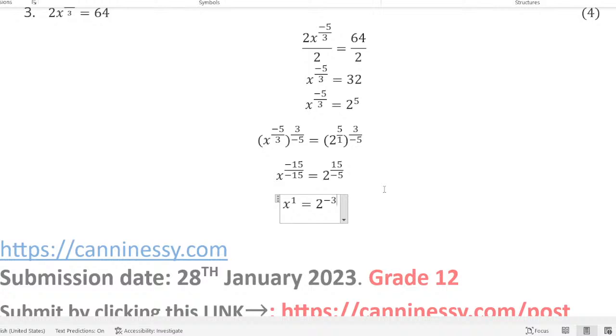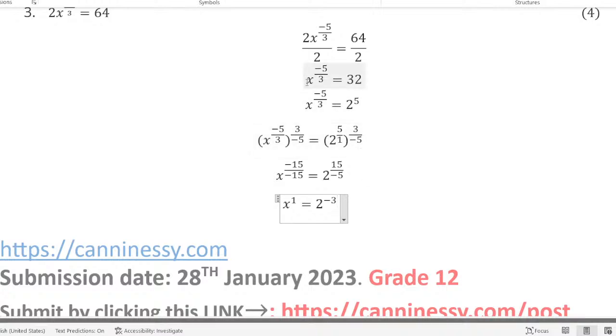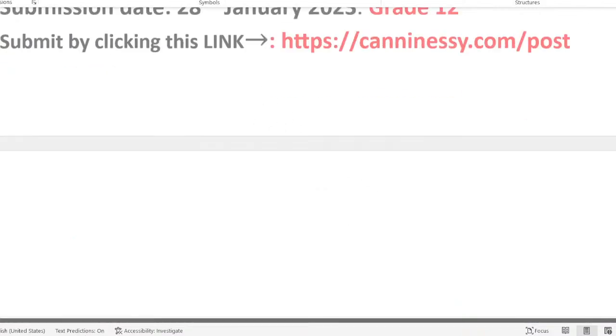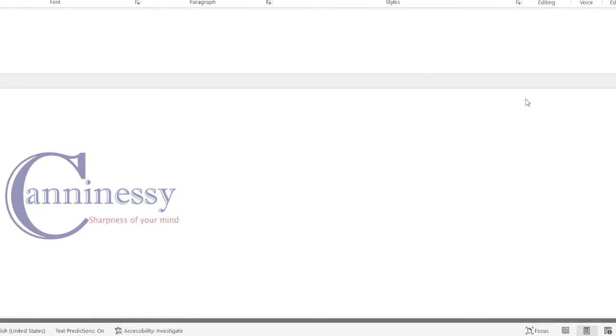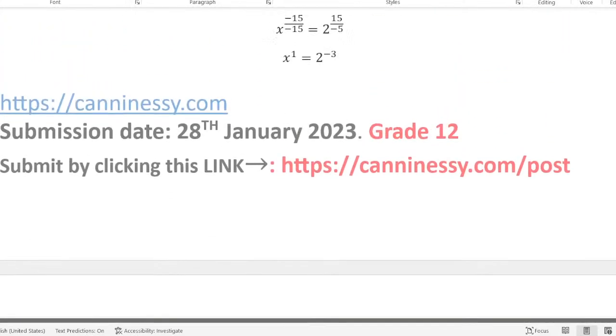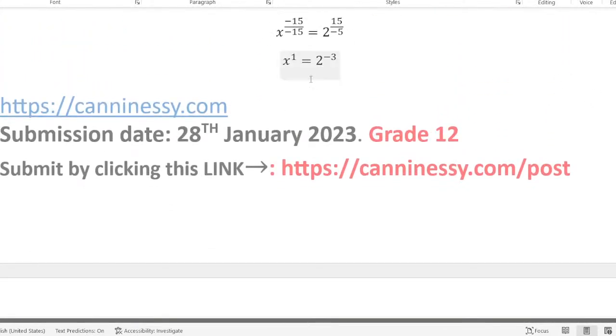So now remember, in maths, you cannot leave your answer as x is equals to something to a negative exponent. Your exponent should always be positive when you're done calculating. So here, remember we had x to the power 1 is equals to 2 to the power negative 3.